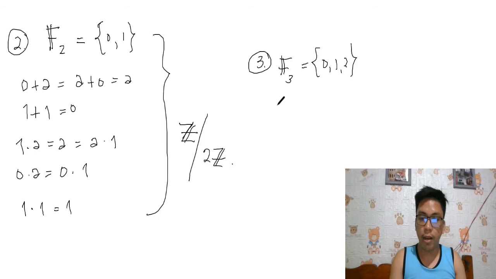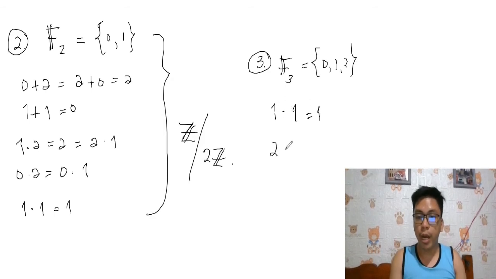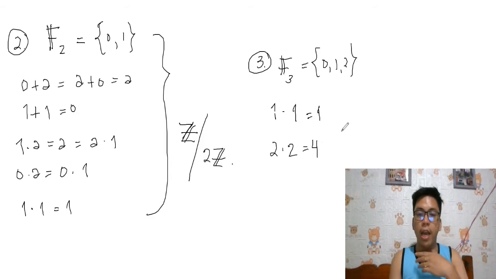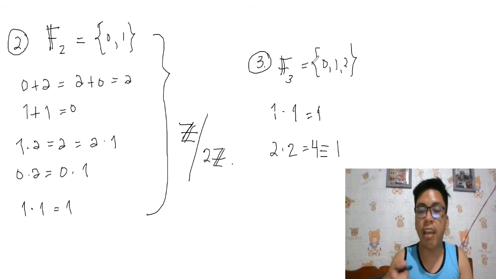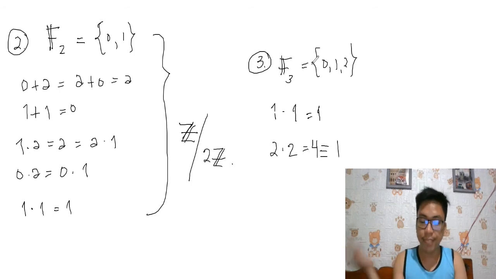If you notice, 1 multiplied by 1 gives 1, so 1 has an inverse, which is 1. If you multiply 2 by 2, you get 4, and in F3, 4 is congruent to 1. So technically, 2 times 2 here is 1, which implies that F3 is a finite field of order 3. That's it.